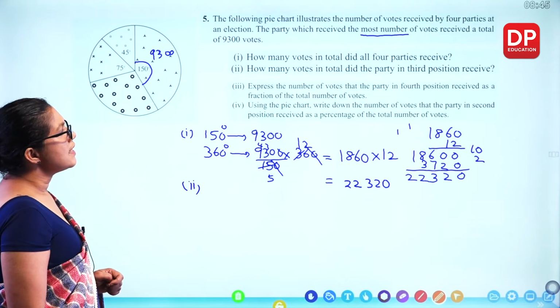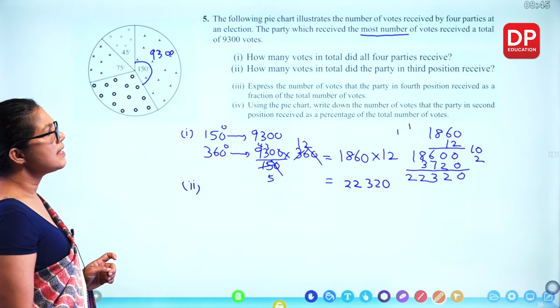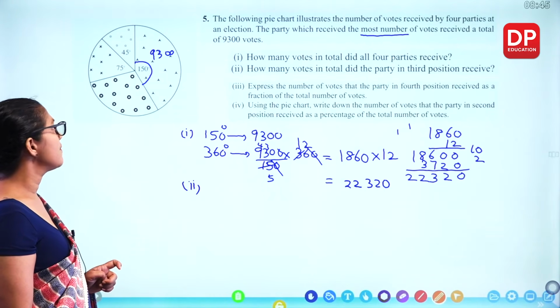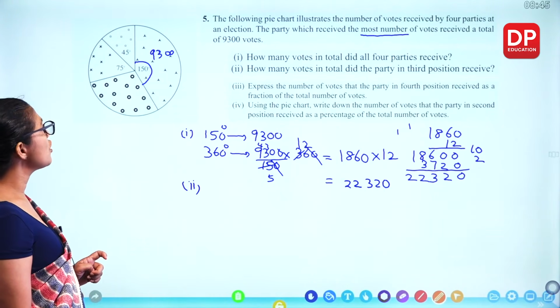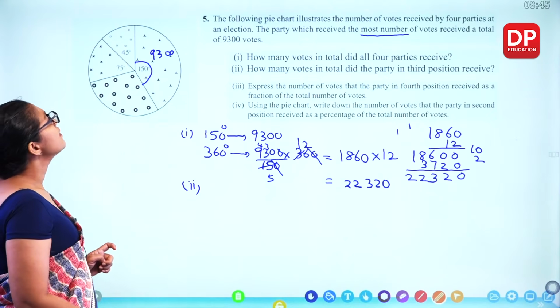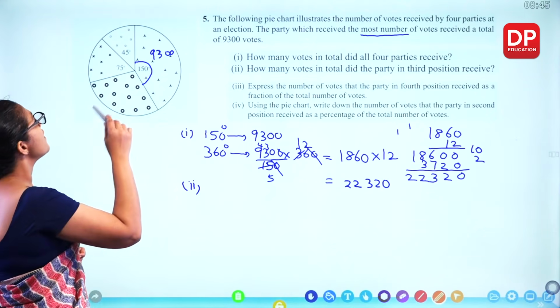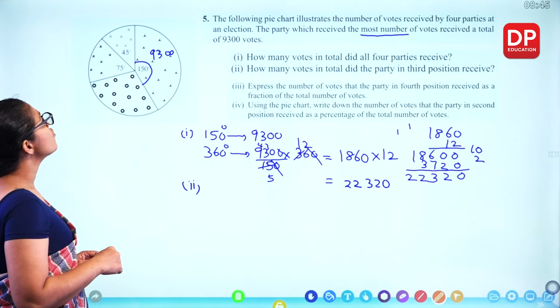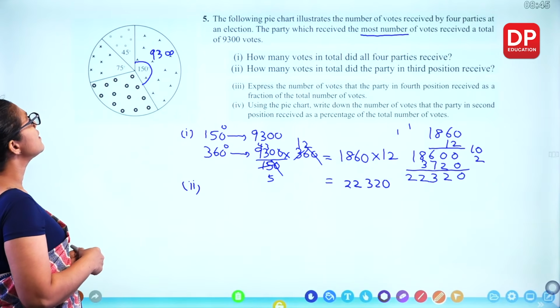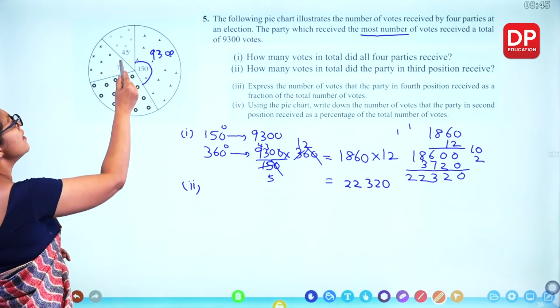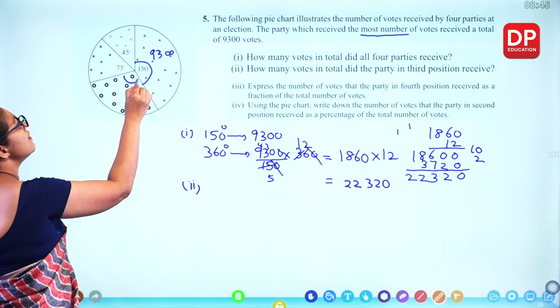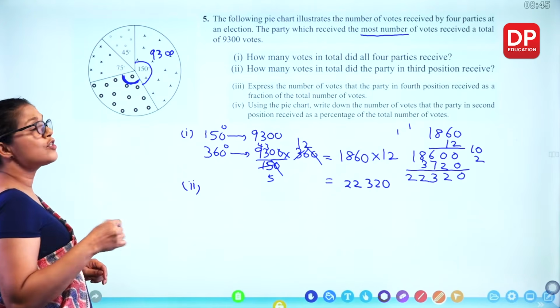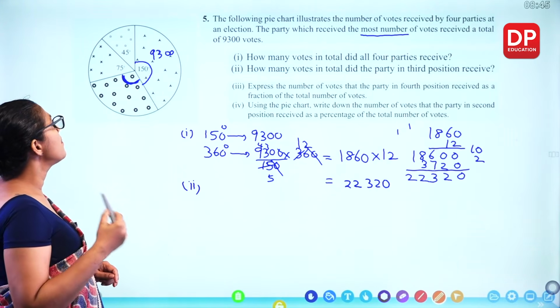Now, we'll do part 2. How many votes in total did the party in third position receive? Now, third position means the third angle. When you arrange this in highest to lowest, the third angle. What do you think about this angle? First, we'll find out this angle to see which one is the third position.